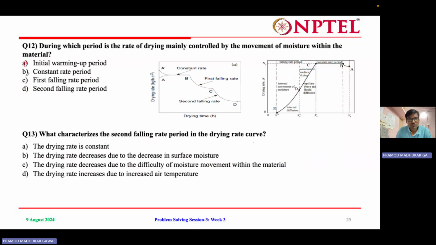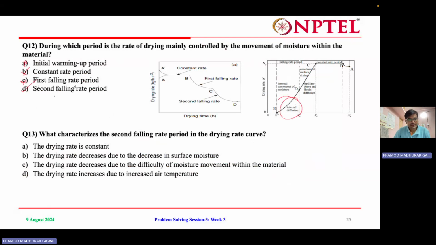The constant rate period, no. In the first falling rate period, here it is capillary force and liquid diffusion. The second falling rate period is possible because this is controlled by the movement of the moisture, meaning internal diffusion. Option D is correct.